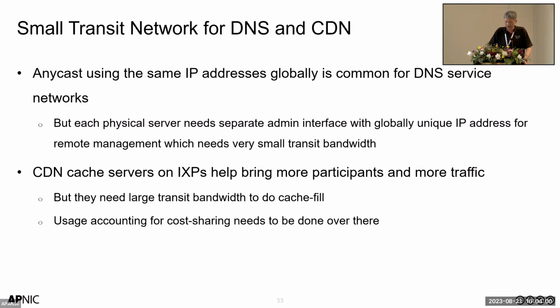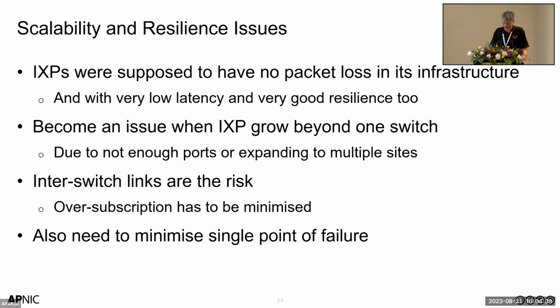Anyway, in a lot of cases, like for an IX, if you support DNS anycast servers, you may not charge for the bandwidth. But if you support CDN cache servers, then you may think about charging for the bandwidth needed. But anyway, I'll talk more about that. This is the part that people may struggle with, because how to do it fairly? You probably would need to do usage charging. But if you do usage charging, then of course, it's not simple.